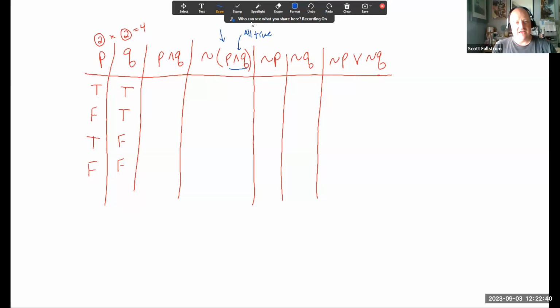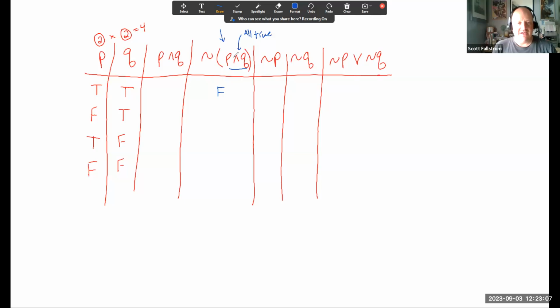So when I look at the and statement, here's what I'm looking at. I'm looking at the two statements, P and Q. I notice they are both true. So what I do is I come over and I write a false statement because I'm negating it. Okay. Remember, both of them were true. If there was no negation symbol, it would be true because they're all true, but I'm negating it.